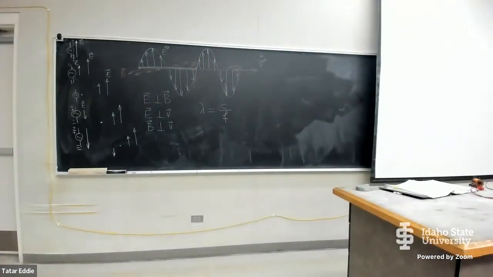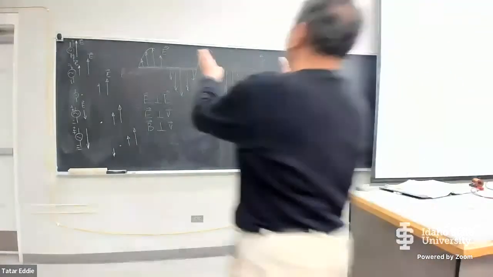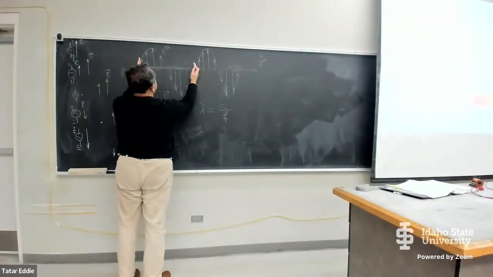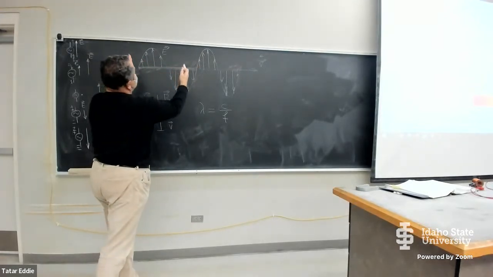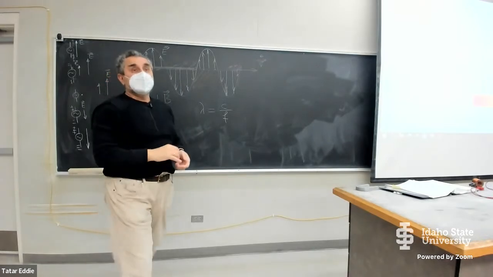Now, if you look at this picture right here, if the wavelength is of the order of what I have drawn right here, so this is probably something like, what, 30 centimeters.